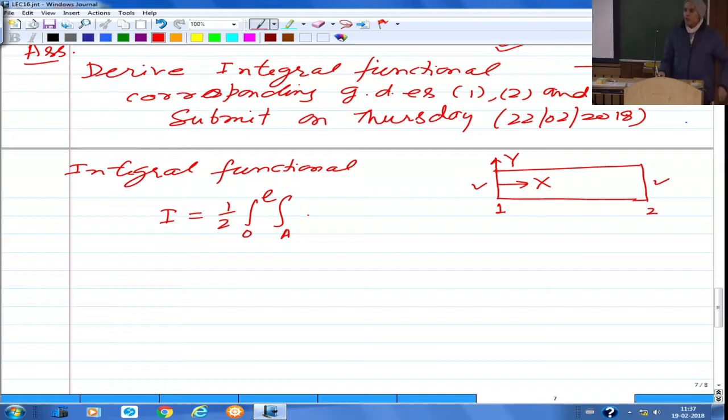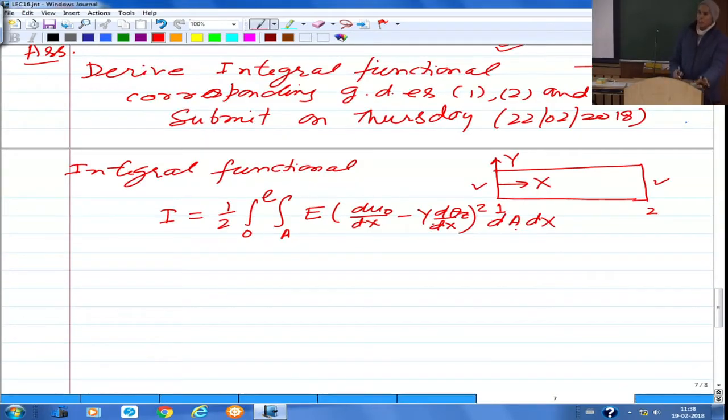So it would be E times epsilon xx whole square, where epsilon xx is du naught by dx minus y times d theta z by dx, whole square, dA dx. So this is the strain energy coming from half of sigma xx into epsilon xx. That is just the strain energy density. When you integrate over the volume, you get it over the total structure.